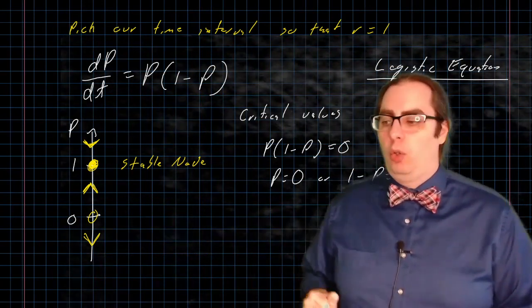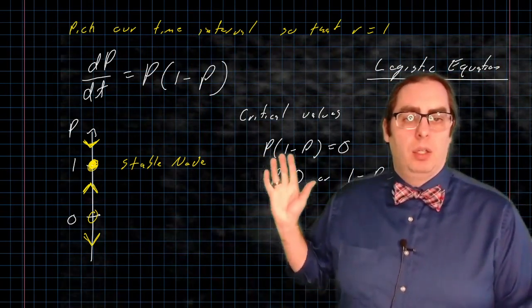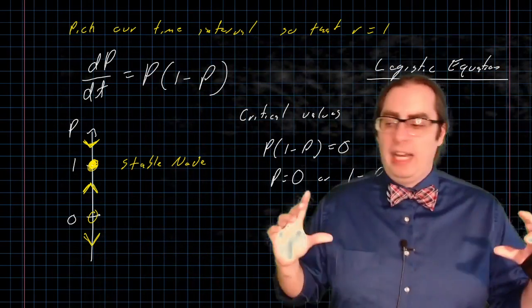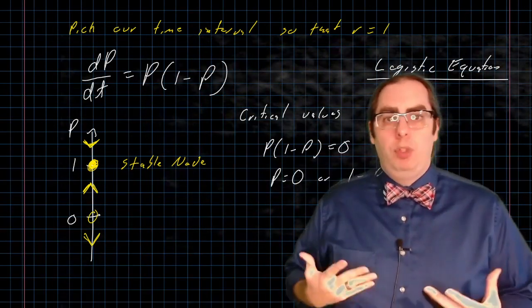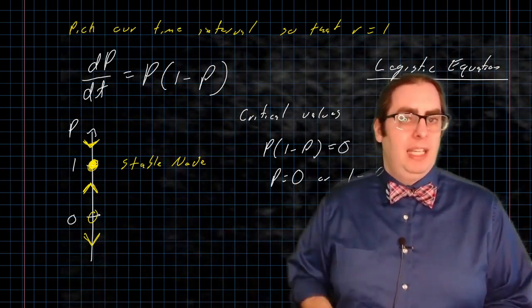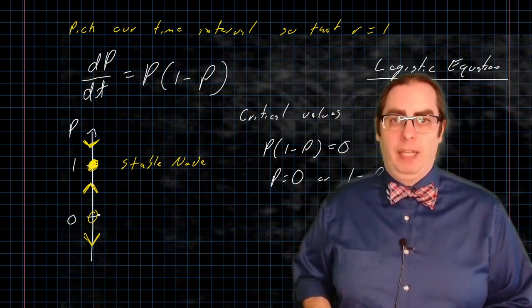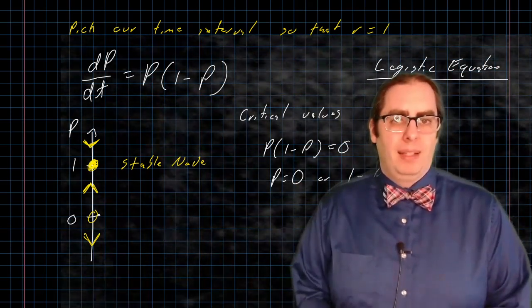I would like you to do that for this one. Draw a coordinate plane, so we're going to have a t-axis, and we're going to have a p-axis, and draw in a few representative curves of what the population is going to look like in that two-dimensional space. All right, see what you can do with that, and I'll see you in the next video.